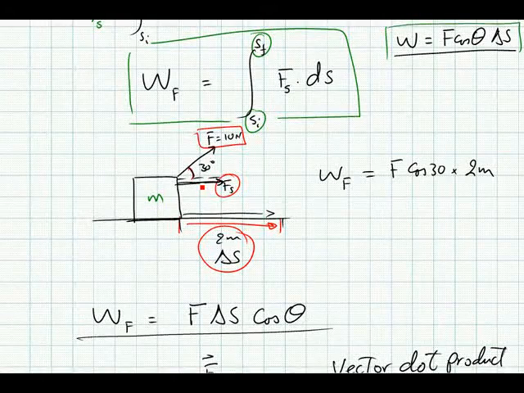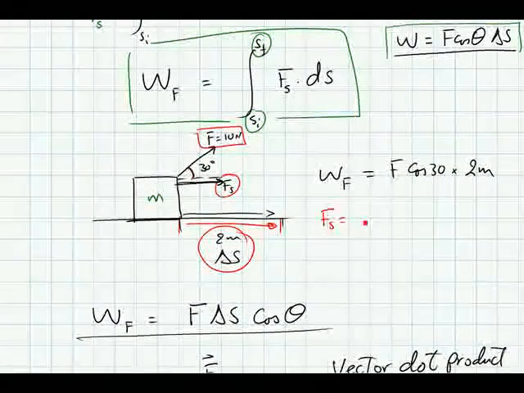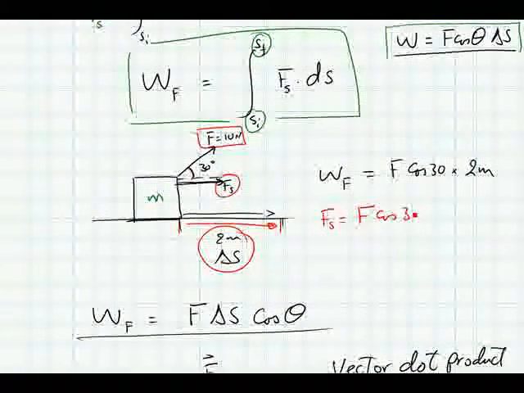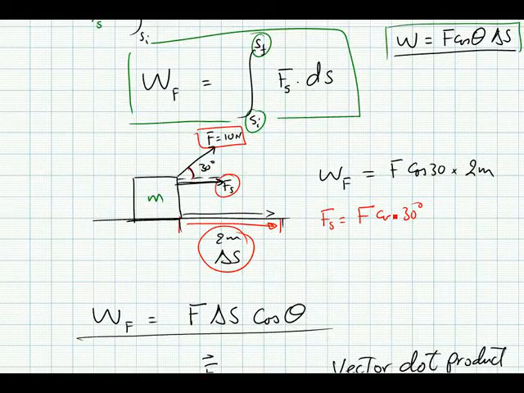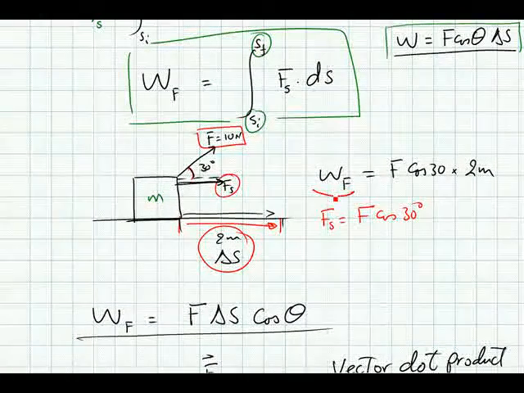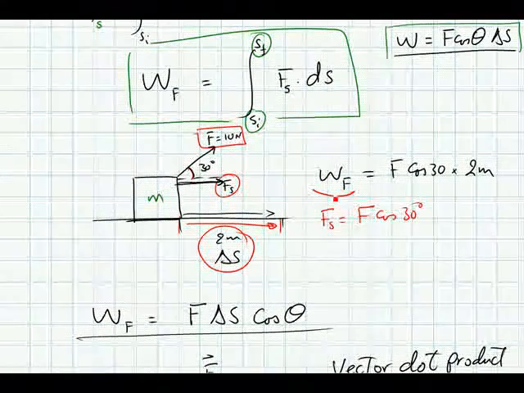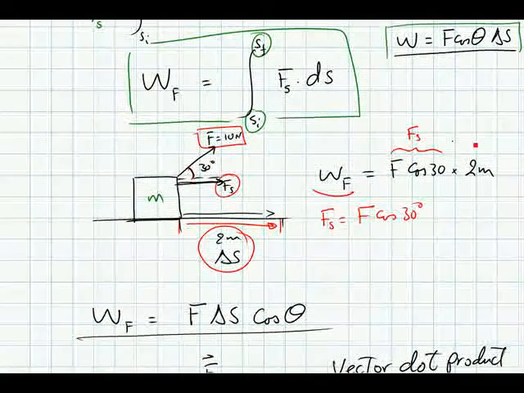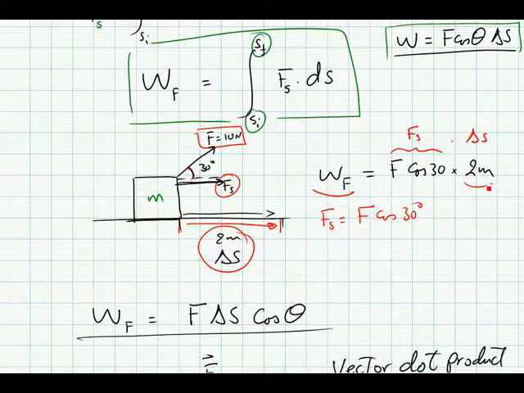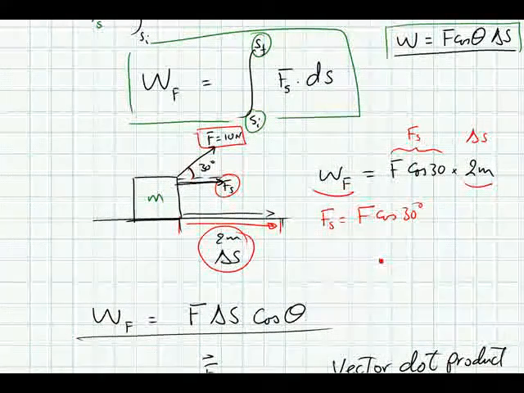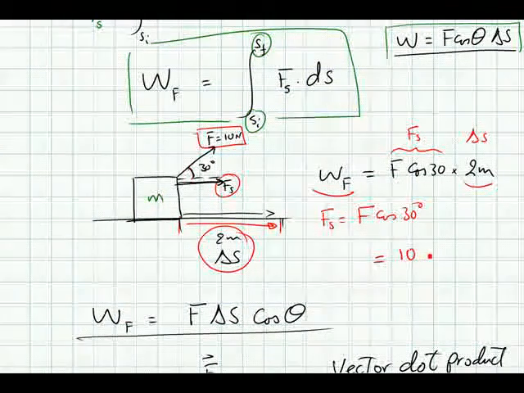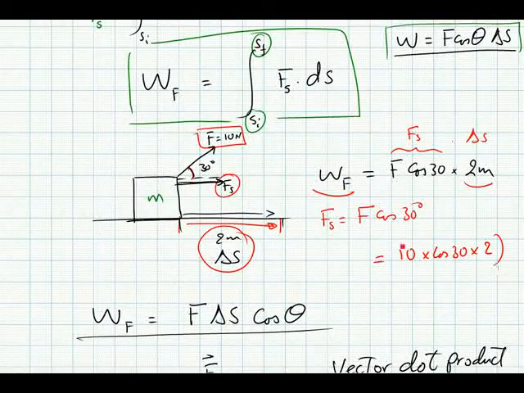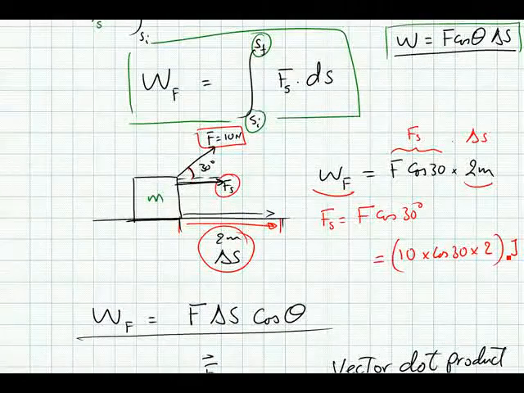F_s, which is the parallel component of F, is F times cosine of 30 degrees, and the work done by this external force, which is our 10 Newton force, is F_s times delta s, which is 2 meters in this case, which turns out to be 10 newtons times cosine of 30 times 2, whatever that value comes to be, joules.